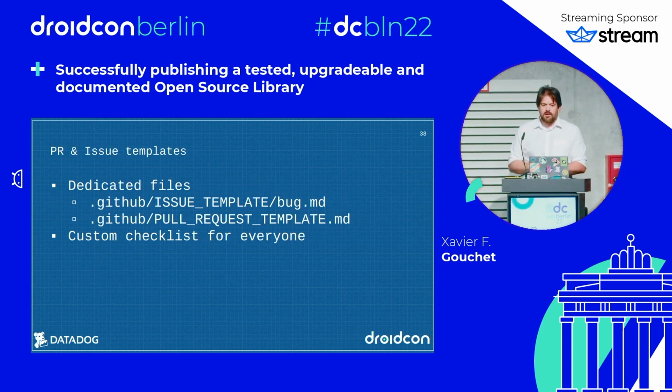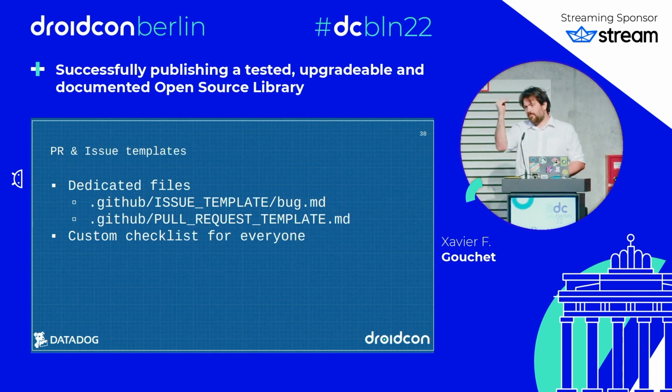I mentioned this. You want to say, what do you expect for a PR or an issue? You can actually create template files that are going to be used by GitHub whenever someone presses the new issue or new PR button. It's just going to fill the description field with this template, and they just have to basically follow the guide.